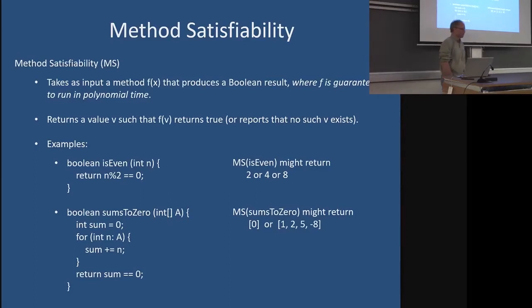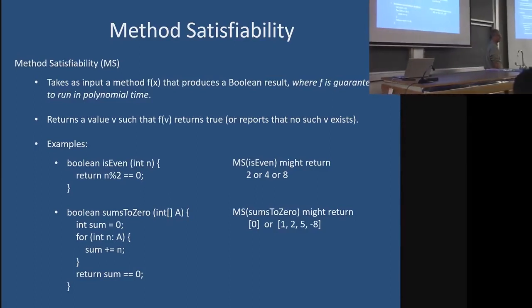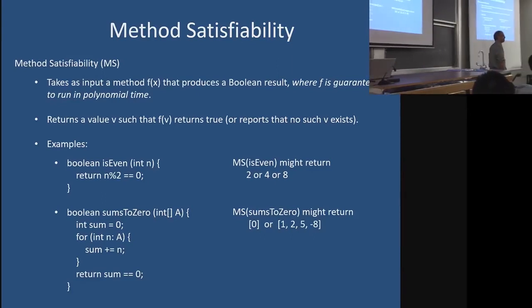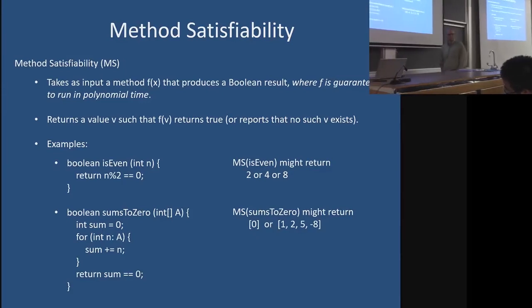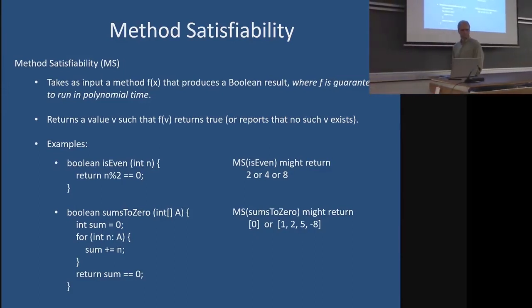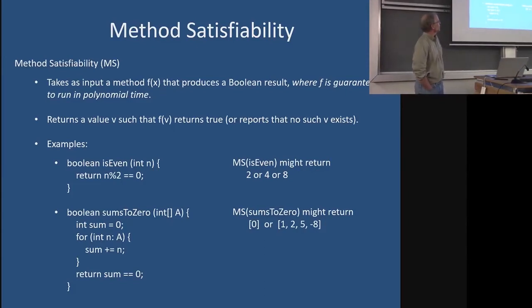So you shouldn't be surprised to hear that it's NP-complete. Well, it depends on how fast it has to run, because there is the brute force approach, try all possible inputs until you have it. What if the function you feed it goes into an infinite loop? The function has to be guaranteed to run in polynomial time.